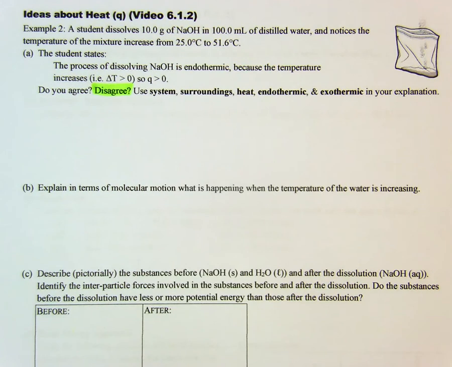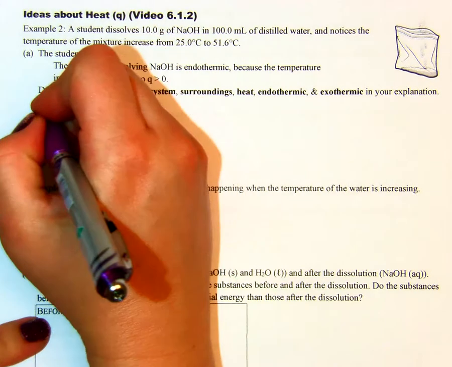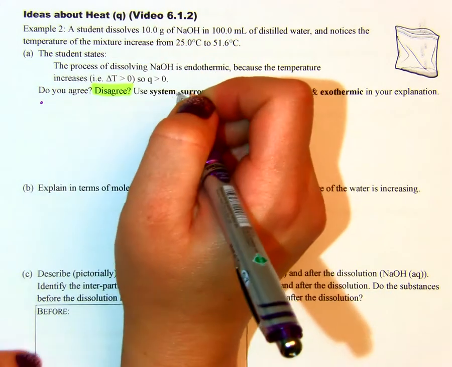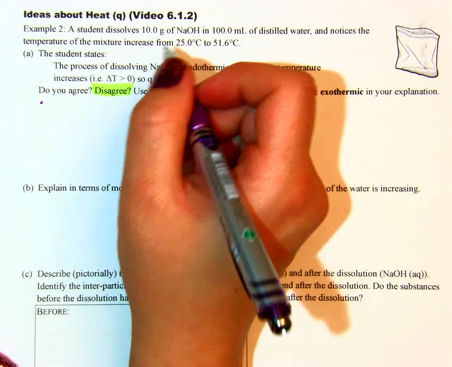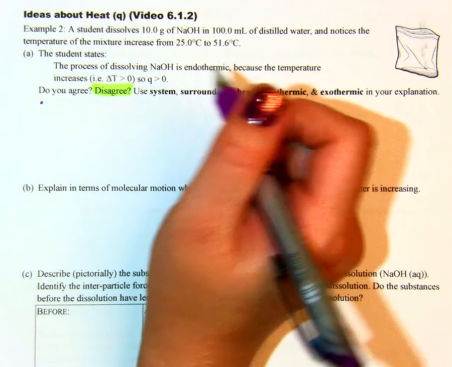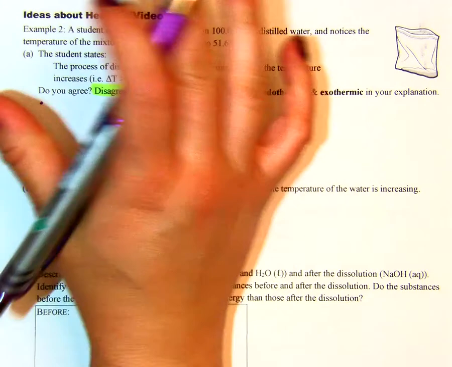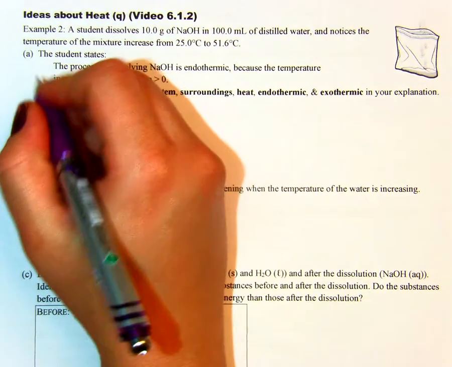So disagree here. So why? First, we need to define our system. So the system is the process of dissolving your NaOH solid to NaOH aqueous. And the surroundings are the water that it all happens in. So let's write that down.